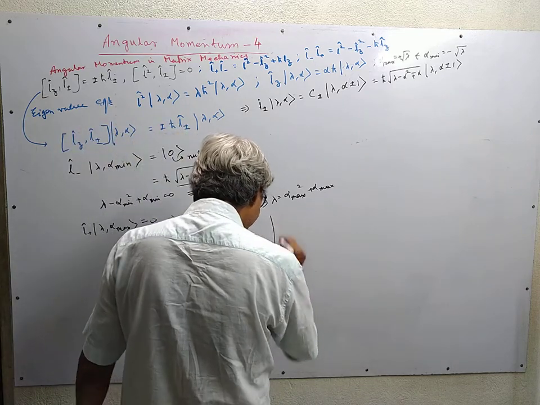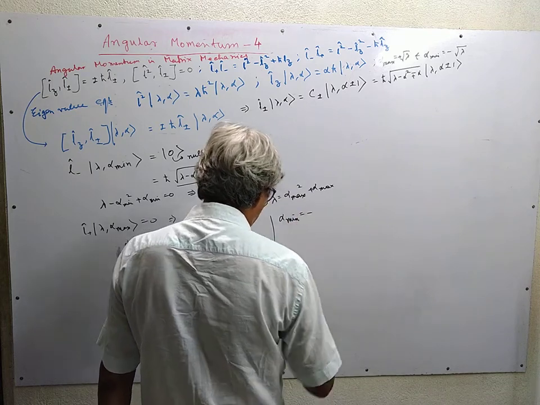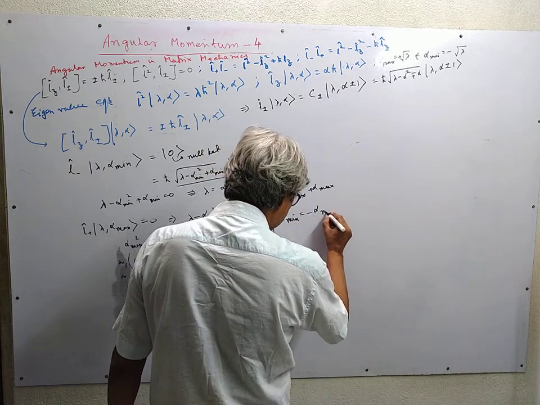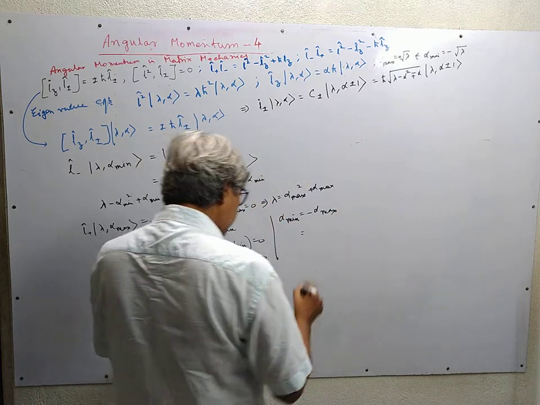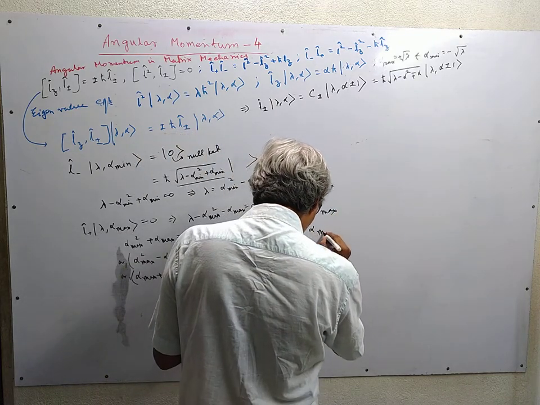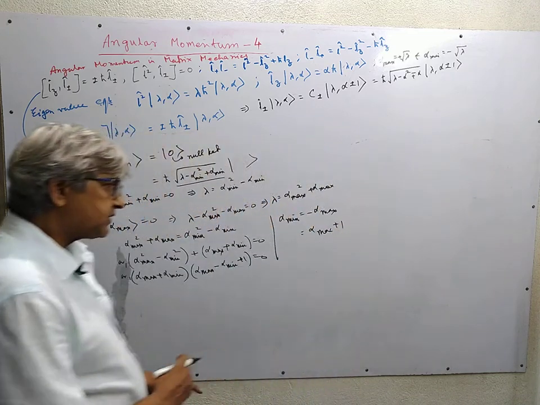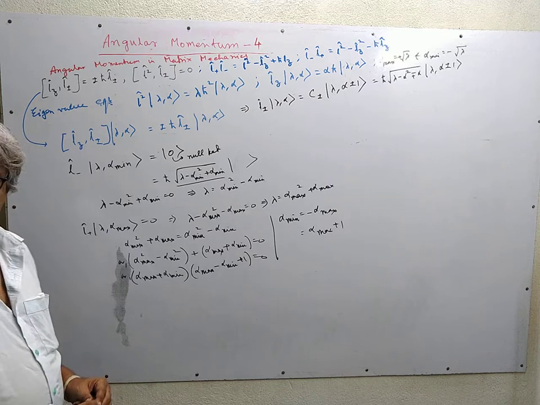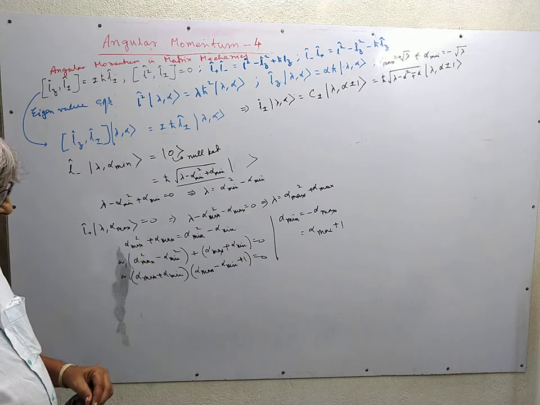One is alpha min is equal to minus alpha max. Another possibility is alpha min is equal to alpha max plus 1. But by our assumption, alpha max is the maximum value of alpha for a given lambda.